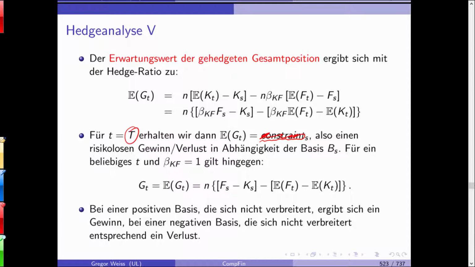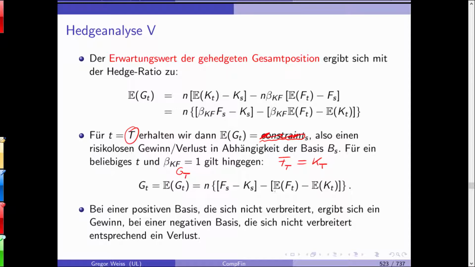And obviously you can see what will happen if you wait until maturity. Let's calculate this here for capital T. Ft is equal to Kt because of the convergence of the future price to the spot price.